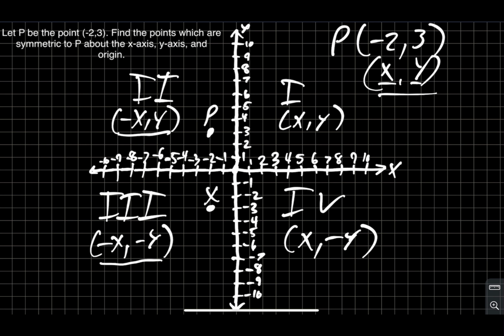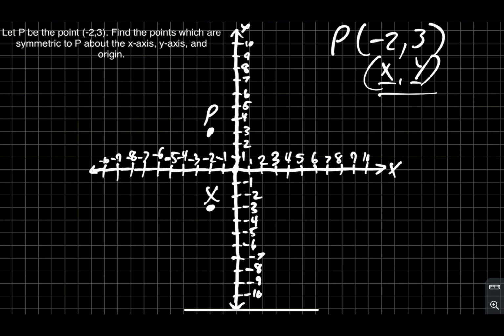If we're trying to reflect from quadrant 1 to 4, we have the formula (x, y), and then the one below it, we have (x, -y). So the x values don't matter. The sign doesn't change if you're trying to find a point symmetric about the x-axis. So that's why that formula works.